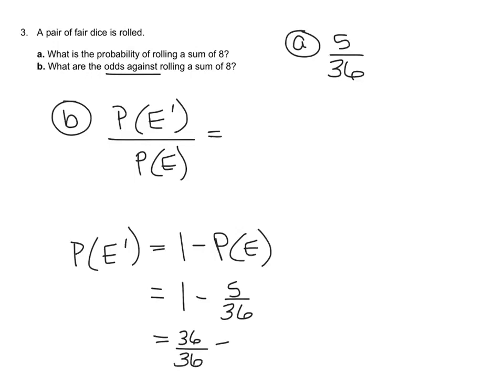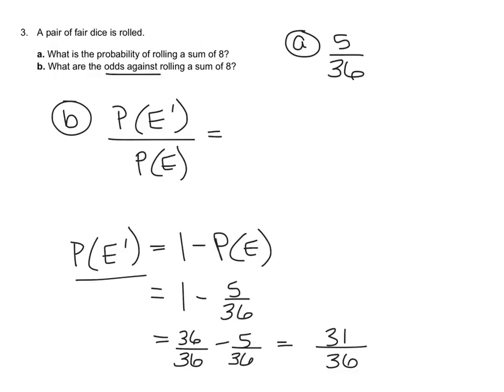And then I'll subtract 5 over 36. And then to subtract, we just keep the denominator of 36 and then subtract the numerator. So 36 minus 5 is 31.